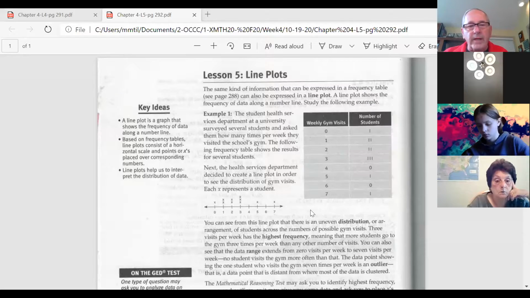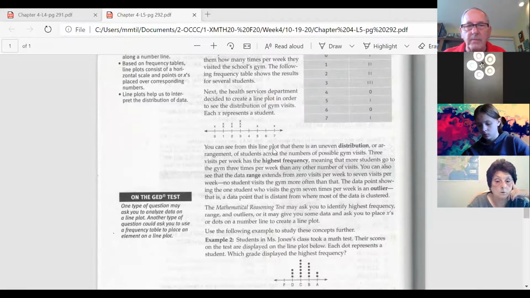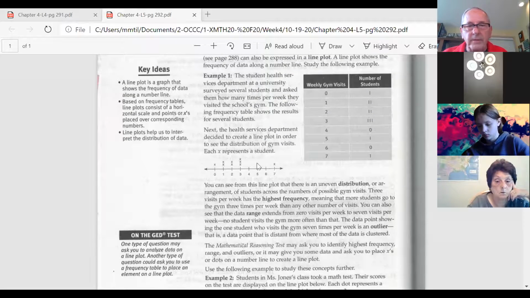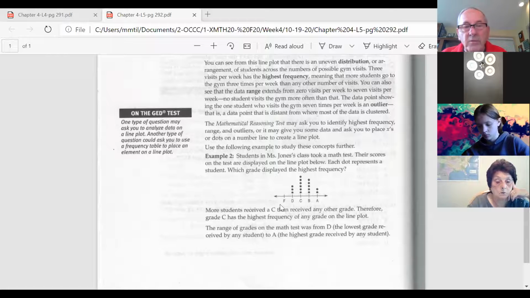Okay, line plots. Line plots lead to a histogram. It's sort of the same thing. It's a poor man's histogram, basically. Does everyone understand this? I'm going over this part pretty quickly, I guess, but we'll look at example 2 here. Students of Mrs. Jones's class took a math test. Their scores on the test are displayed on the line plot below.